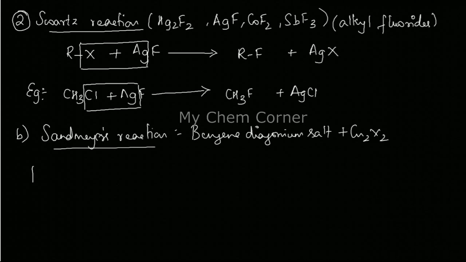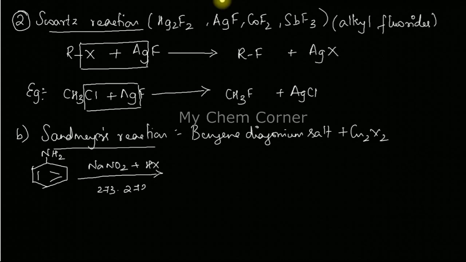Let's start with aniline. Now, aniline with NaNO2 and HX, could be HCl, HBr, anything, at a particular temperature, 273 to 278 Kelvin.